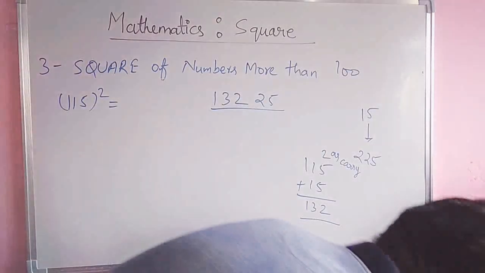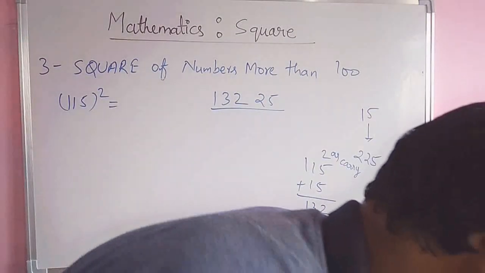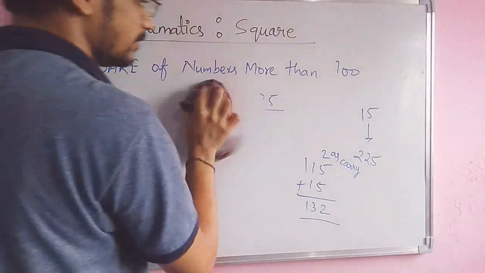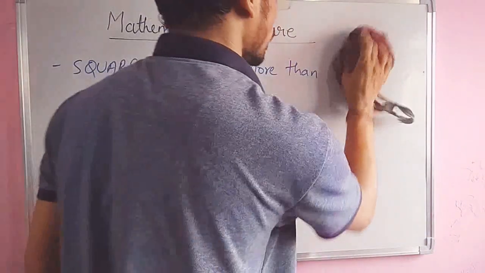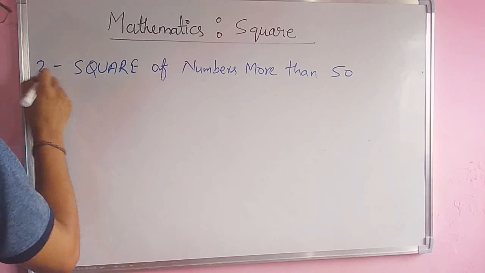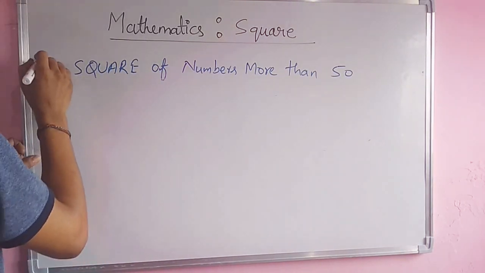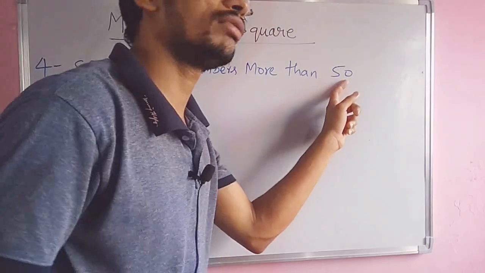Now we move to the next topic. The next category of the square, that is the square of numbers more than 50. The first category is numbers ending on 5.